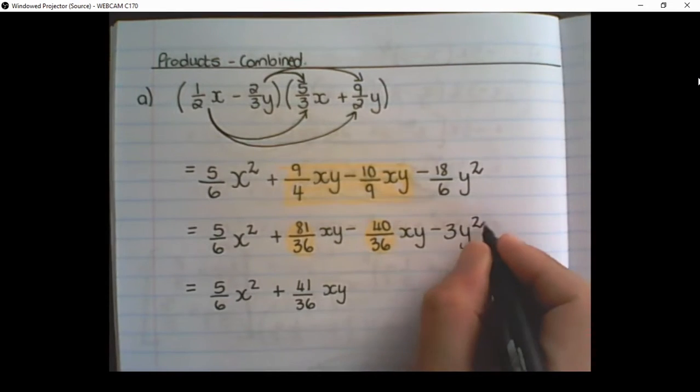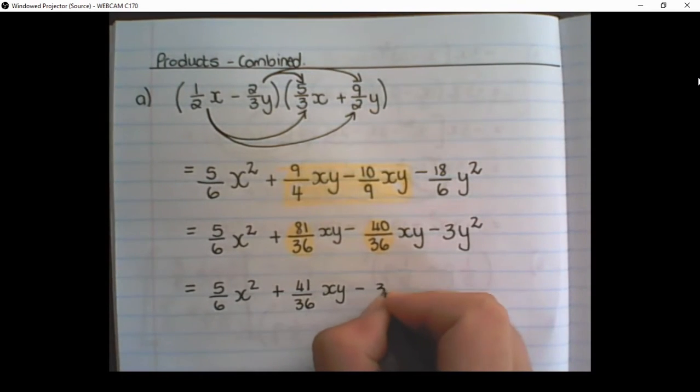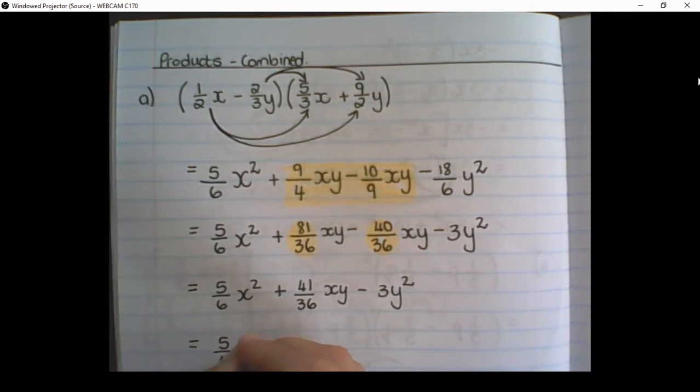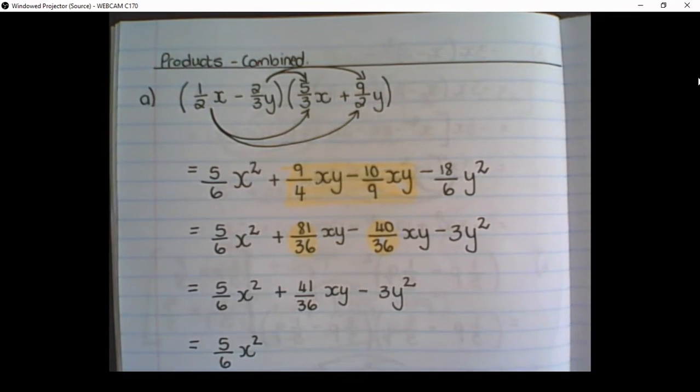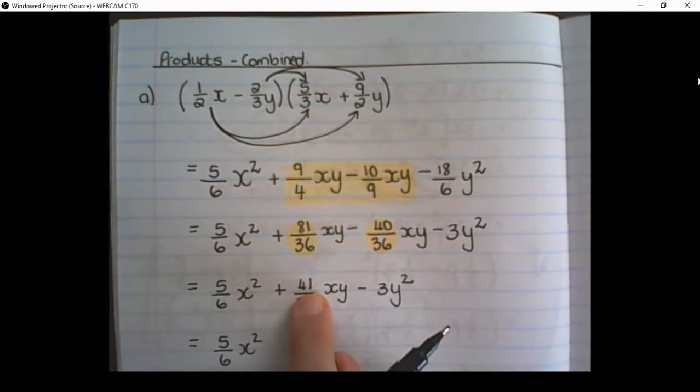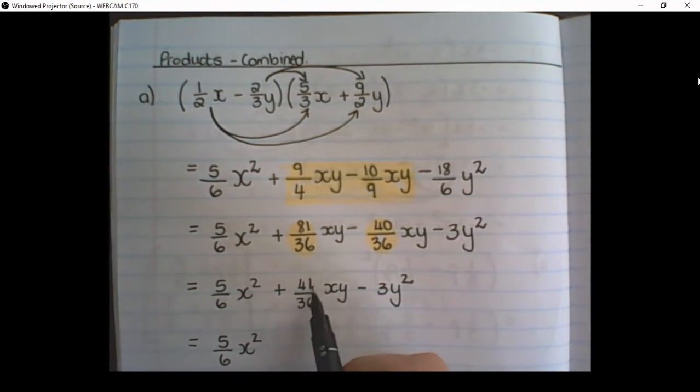And our last term we simply bring down. What you can do, sometimes the instructions would say change your answer to mixed fractions and don't leave it as an improper fraction. This is an improper fraction because the numerator, which is 41, is bigger than the denominator of 36.